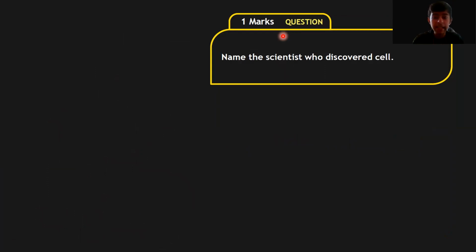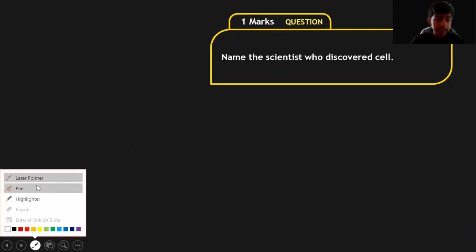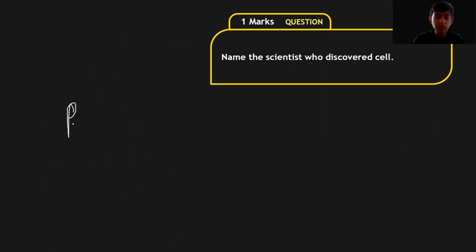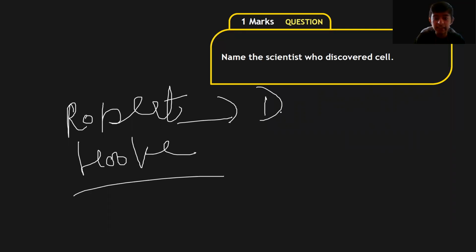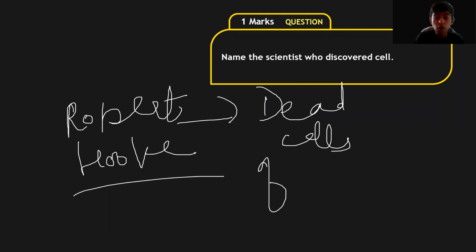Question number 2, name the scientist who discovered cell. Very easy. Robert Hooke was the scientist who discovered cells. But one thing you will see is that Robert Hooke discovered dead cells of cork.